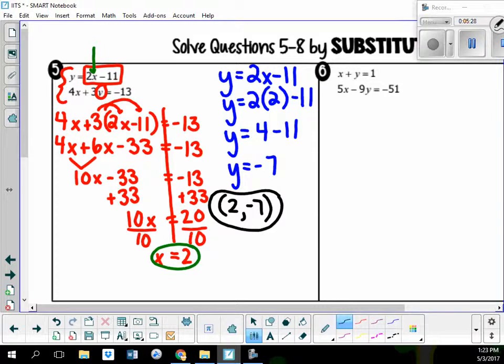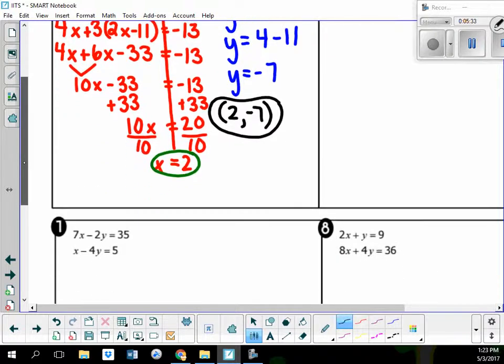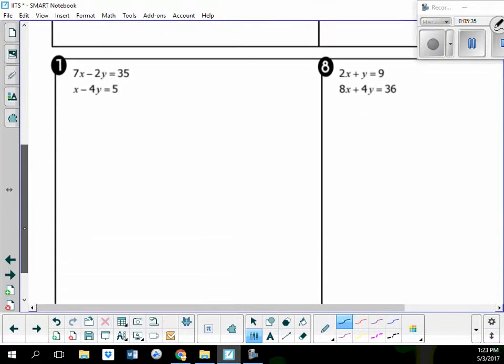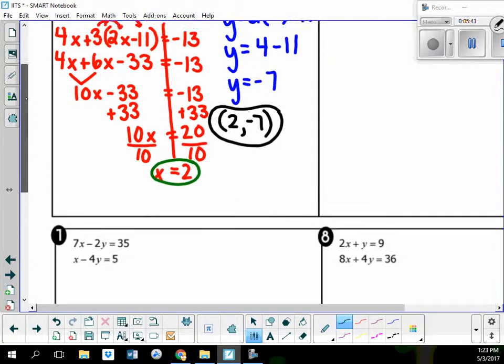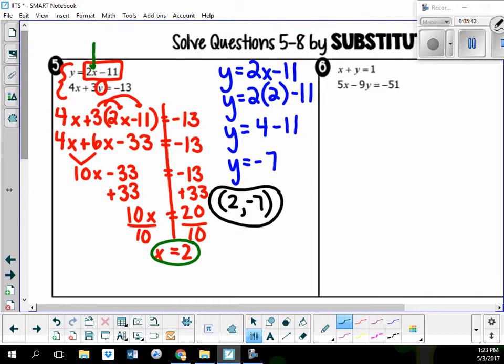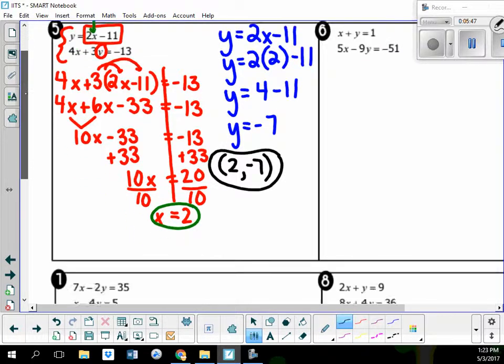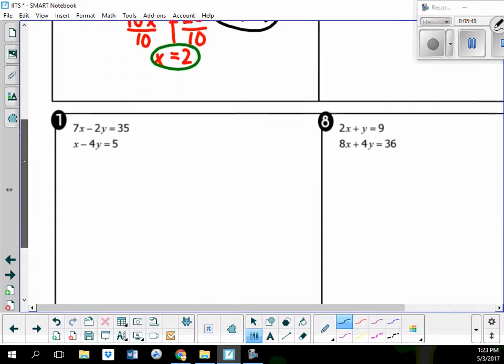Okay, awesome. Let's move down to number 7. I'm going to skip 6 and go to 7. Before, we started off wanting to substitute in our value for y. It doesn't have to be y though. We can substitute in the value for x.